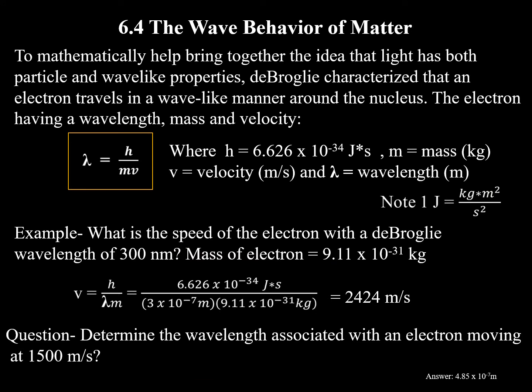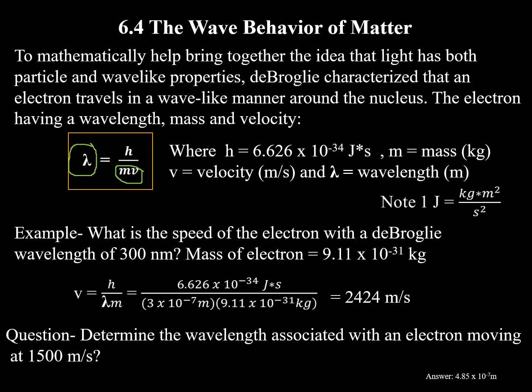Another equation that we'll talk about is the de Broglie equation, which relates wavelength, so a wave property, with mass and velocity. So this is p, momentum, equals m times v. This is velocity here.